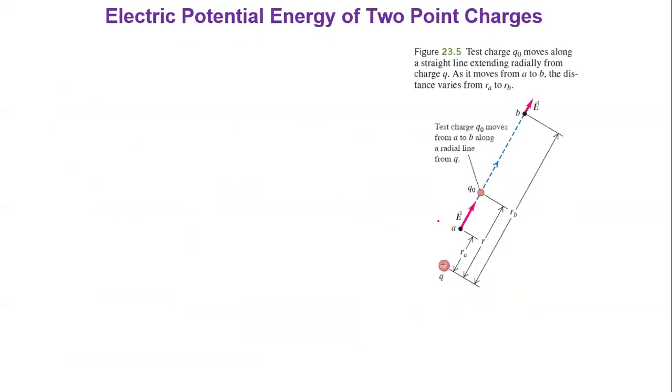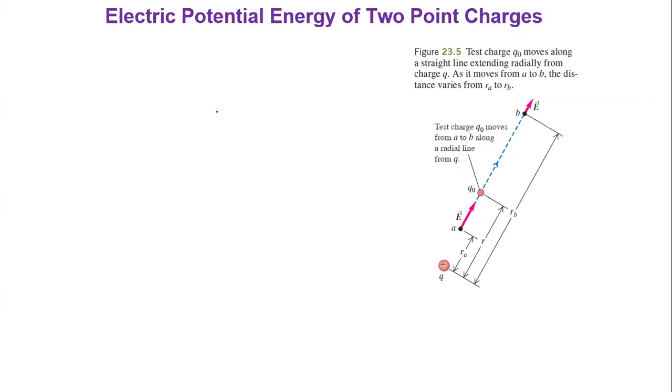Okay. So let's find out now what is the electric potential energy of 2-point charges. You recall this concept is similar to the concept of gravitational potential energy as well as elastic potential energy. So we're talking here about potential energies.